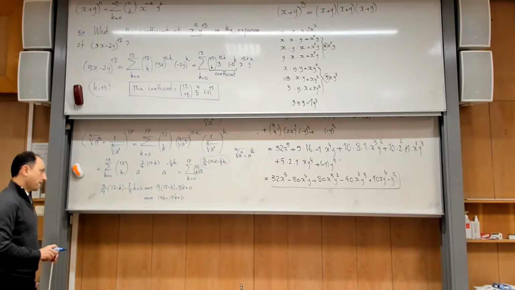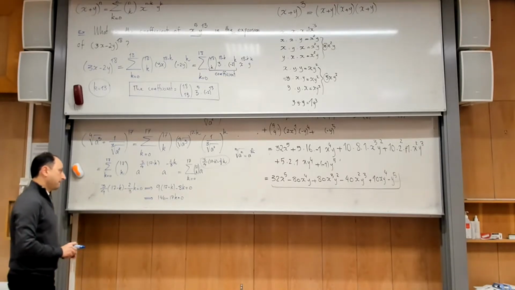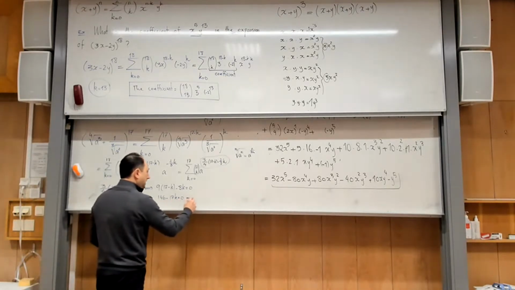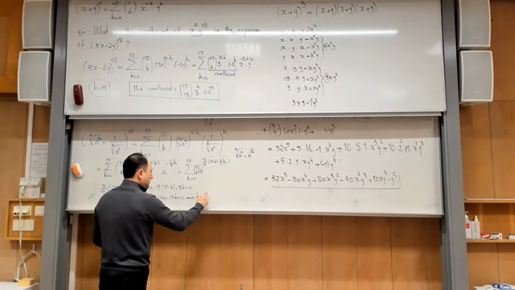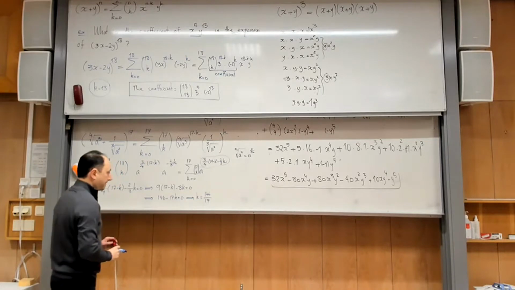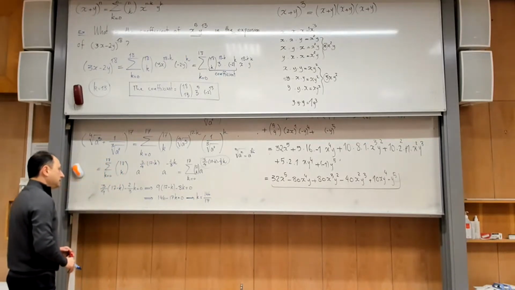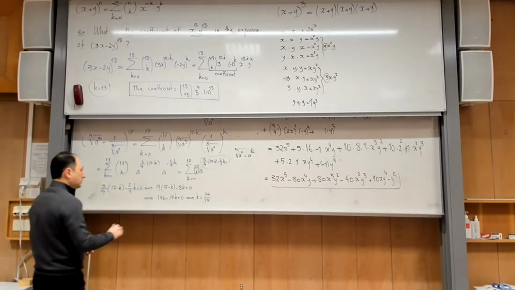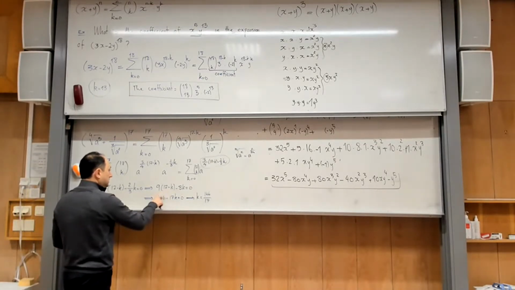Is that right? Yes, and then this means that k is 146 divided by 17. Did I? No, I think I made it wrong. This is 156.